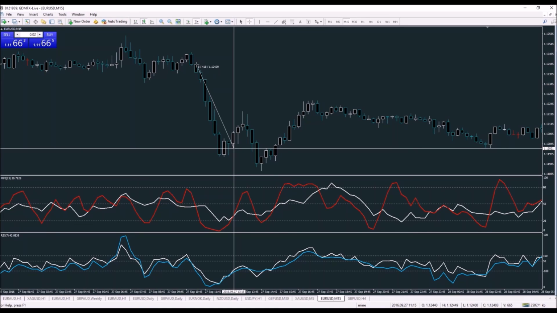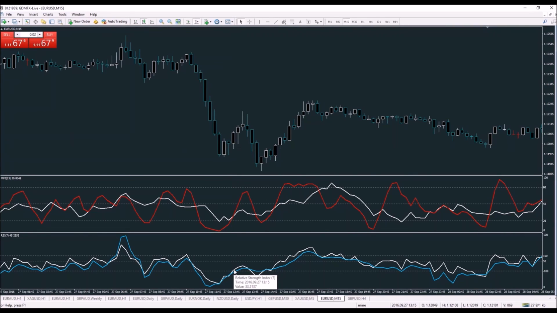So what I'm trying to say, ladies and gentlemen, is the accuracy of this system allows us to be accurate on the signal, on time to enter, and accurate on the signal to exit when the market is starting to reverse.